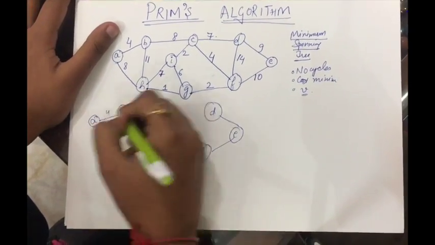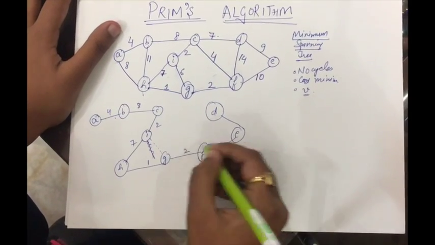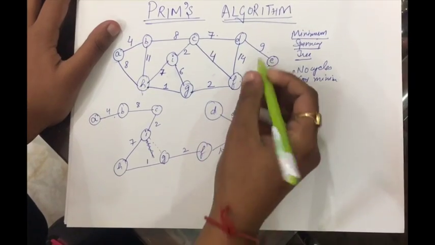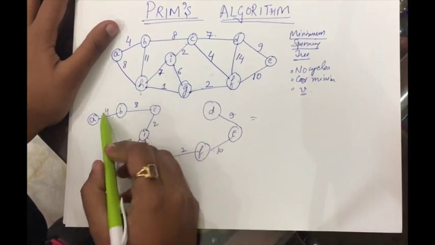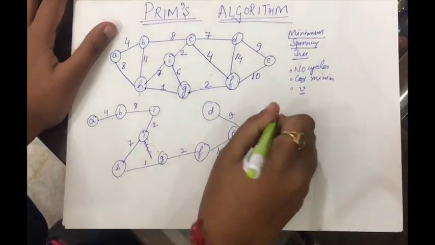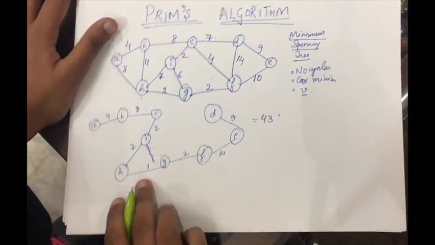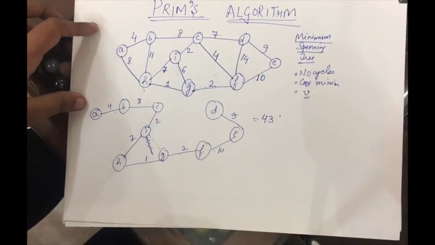Okay, and if I calculate the cost of this tree, I have just simply written down the costs from here. It comes out to be the sum of all these costs, that is 43. Similarly, this is one way I could have traversed the graph.